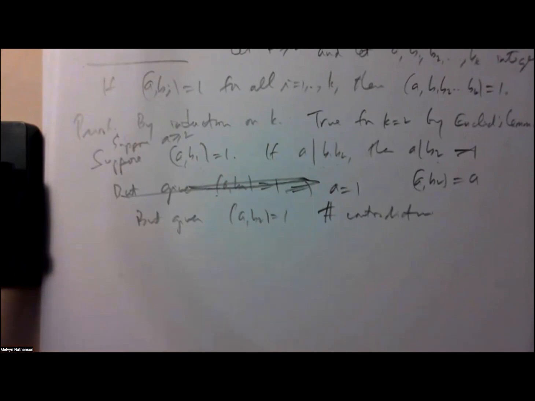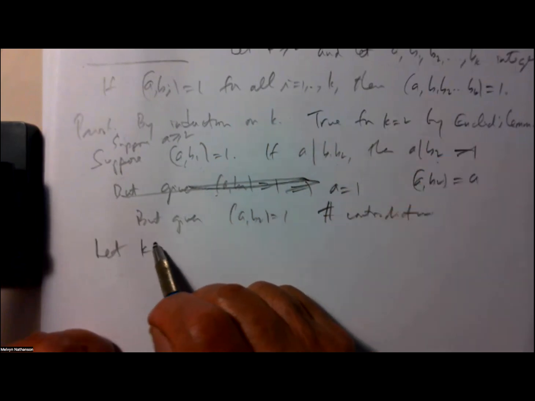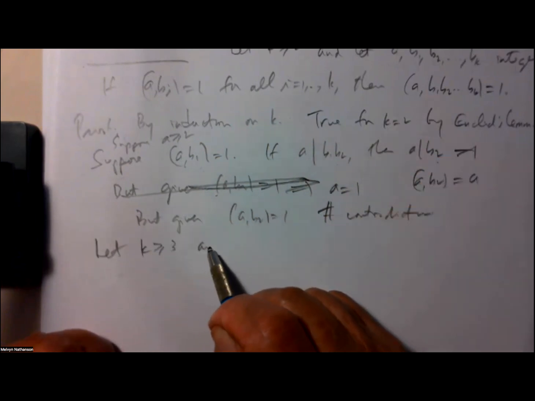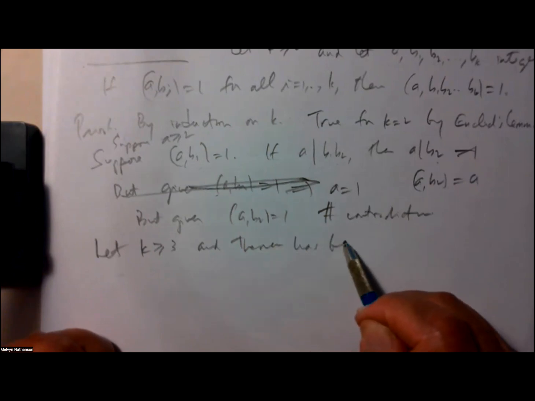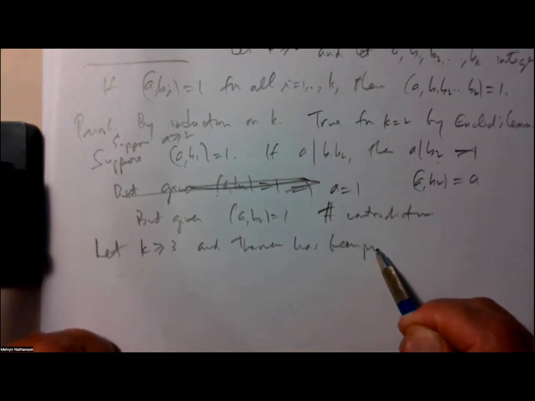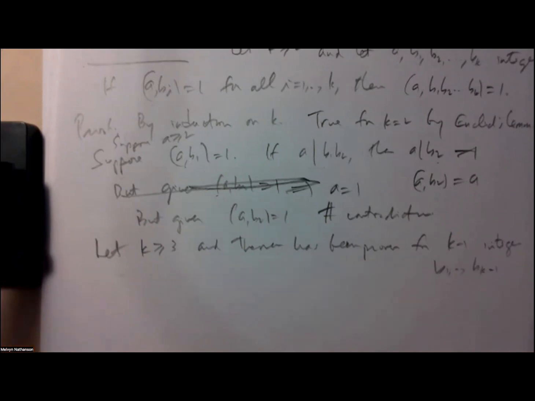So let's do the inductive step. Suppose that k is greater than or equal to 3, and the theorem has been proven for any k minus 1 integers, B1 up to B sub k minus 1.